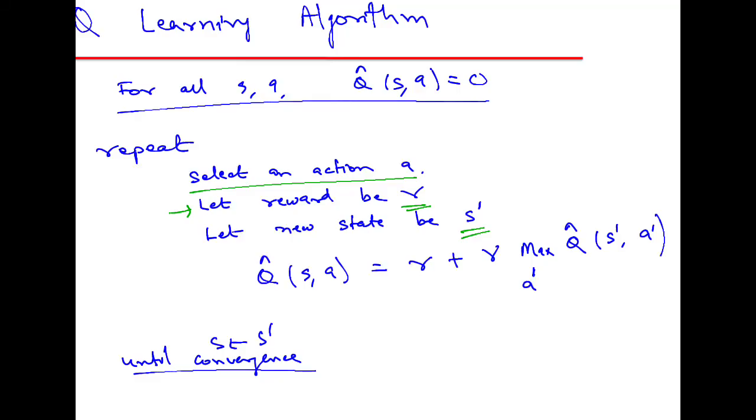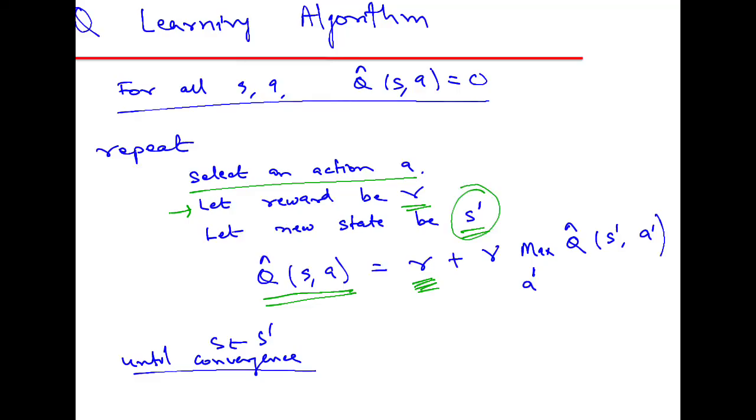Now, how do I update the current estimate of the total reward I'll get? Immediate reward is R, that I have already observed. So I can update that. And now I also know that it has gone to state S prime.